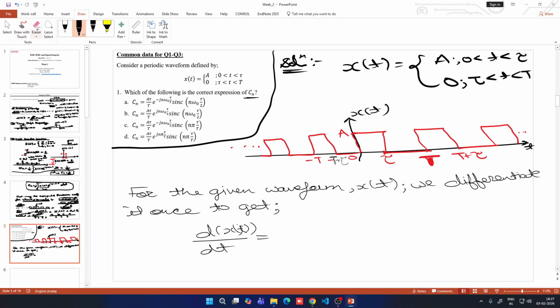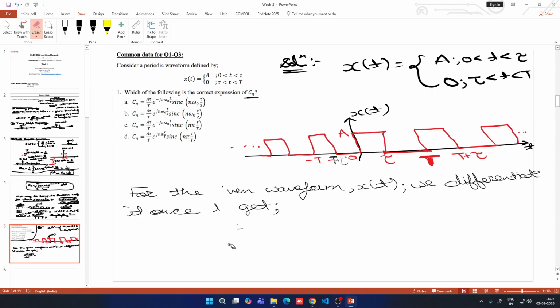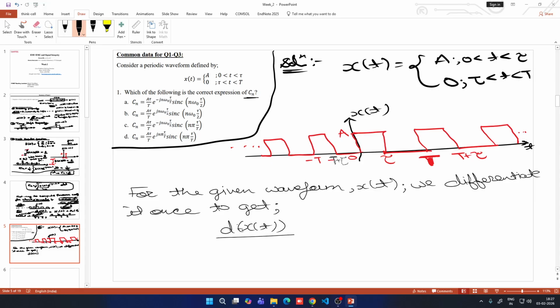So I will rewrite this. dx of t by dt, and we'll write this in the form x1 of t plus x2 of t. So our aim here is to bring this x of t, by differentiating, into the form of two pulse trains, x1 of t and x2 of t.